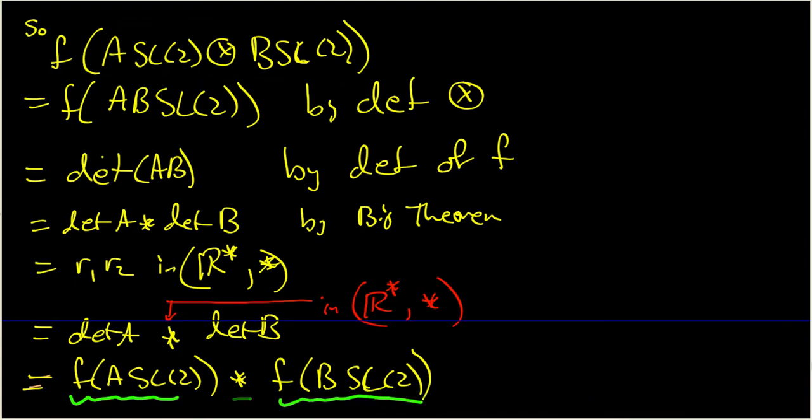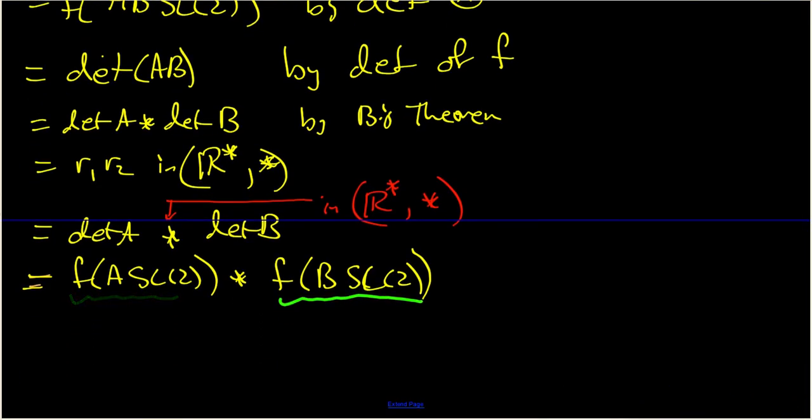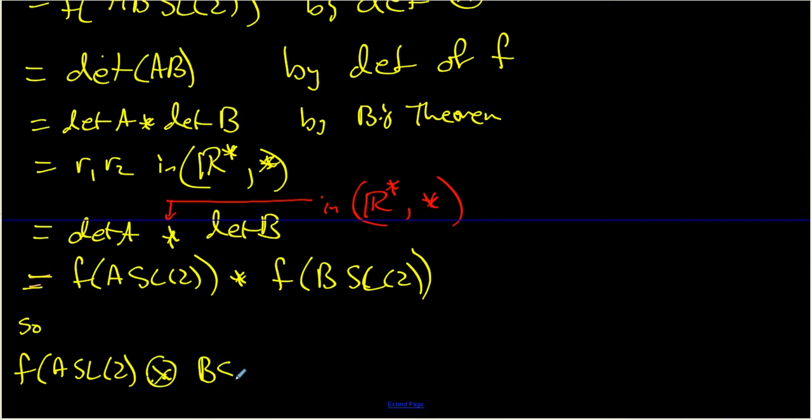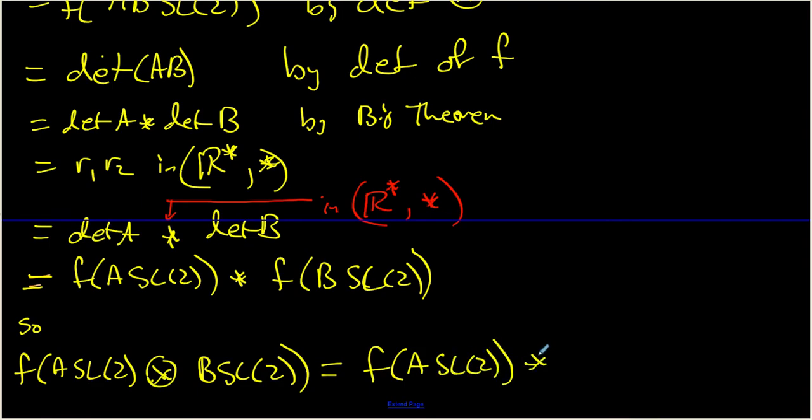In other words, what we have indeed established is that F of this coset multiplication is going to be F of the first coset times F of the second coset.